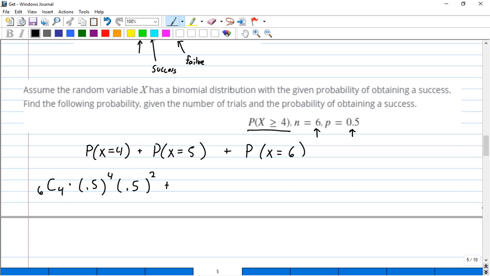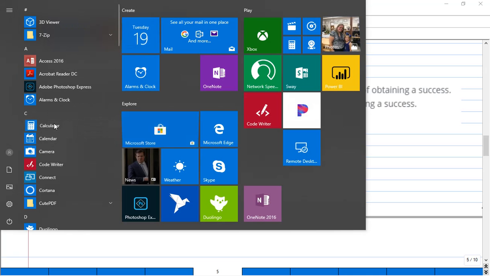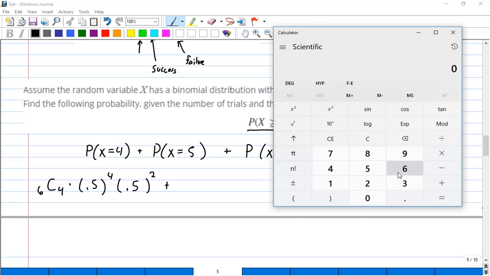Everybody at once. So I had 6 factorial divided by 6 minus 4, which is 2 factorial, and then divided by 4 factorial, 15.